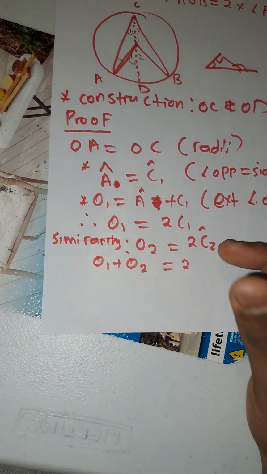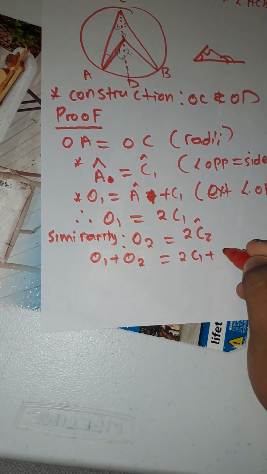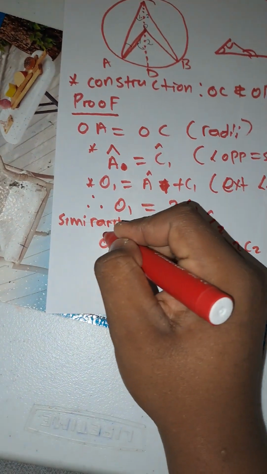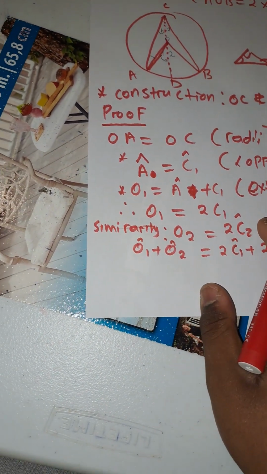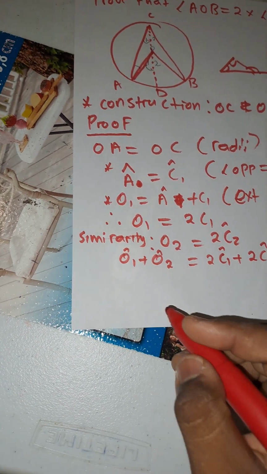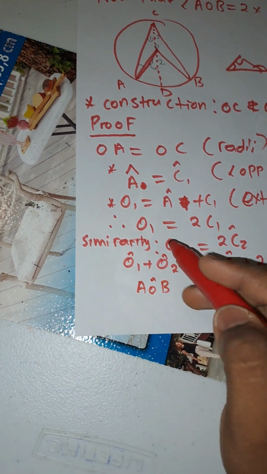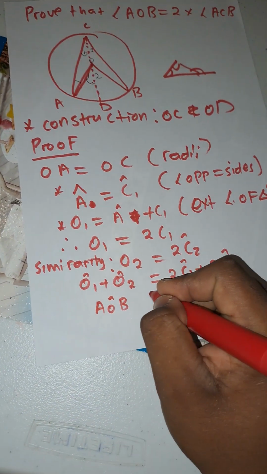It is equals to 2 times C1 plus 2 times C2. Yeah, but these are the angles, right? And then I'm gonna continue. What is O1 plus O2? It is what? AOB. Because O1 and O2, it is AOB.